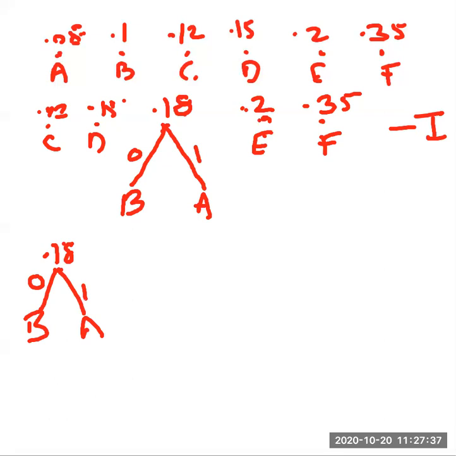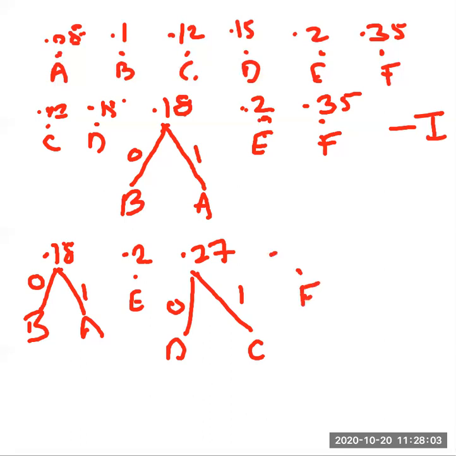Then 0.2, which is E. Then 0.27, which is D and C. The bigger one is D, so D and C, 0 and 1. The last one will be F, 0.35. This is step 2.